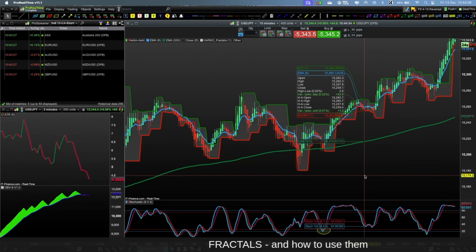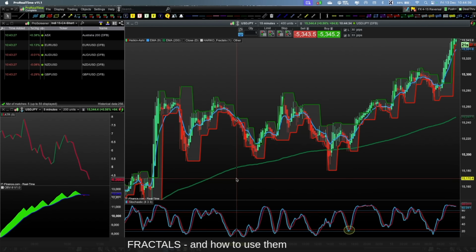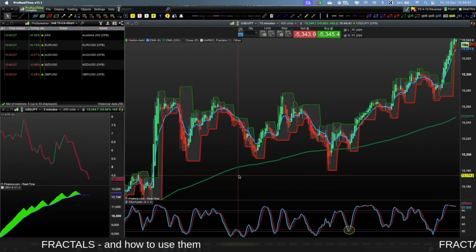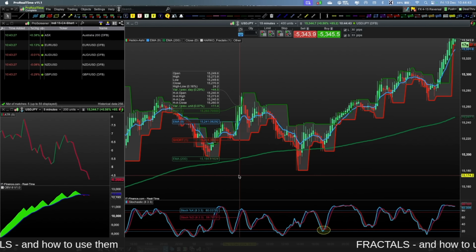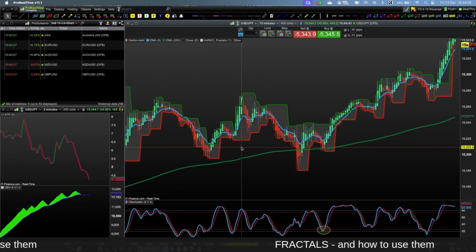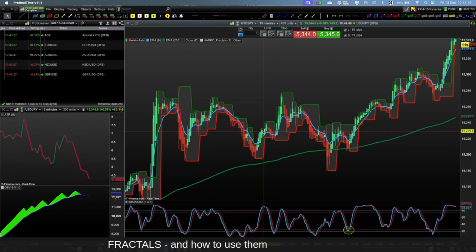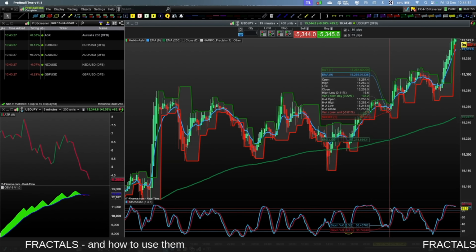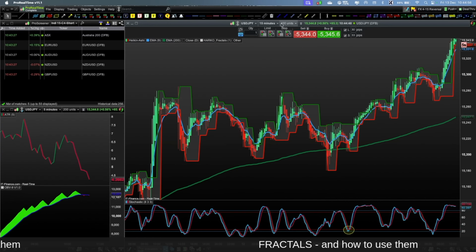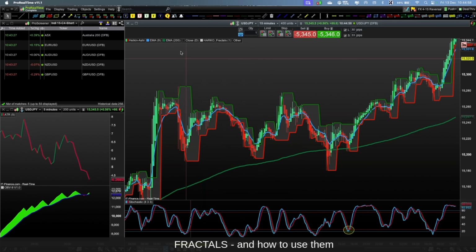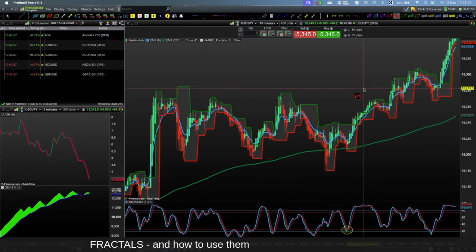The third thing to keep you safe, if there is such a thing as being safe in trading, risk managed would be a better word, is always look to your left and try and find the highest swing low in the time period you're trading, so 15 minutes. So let's just draw this in.